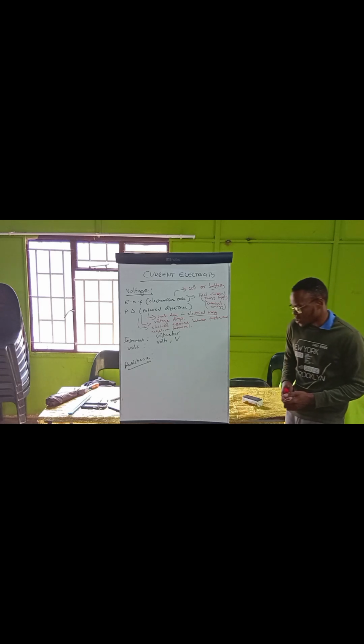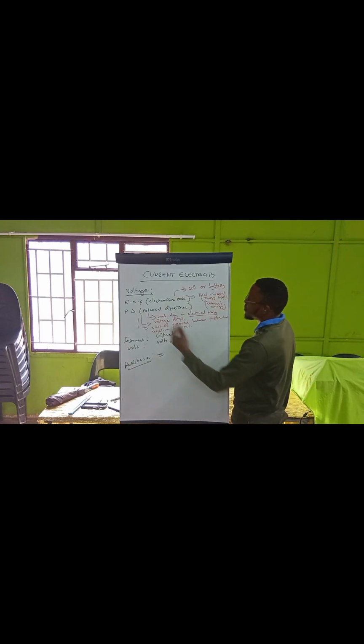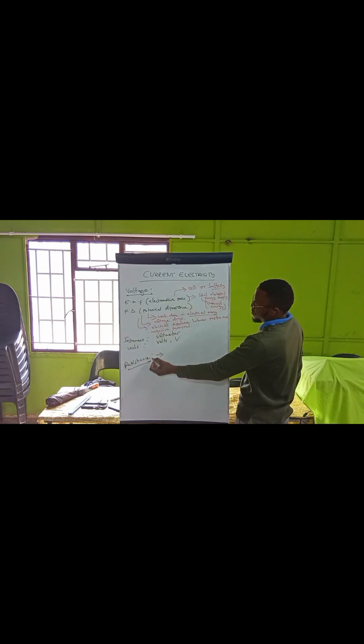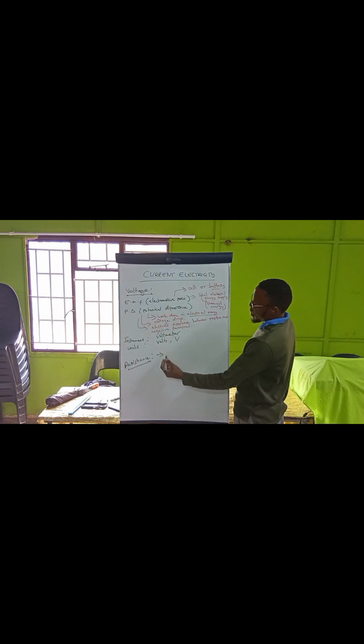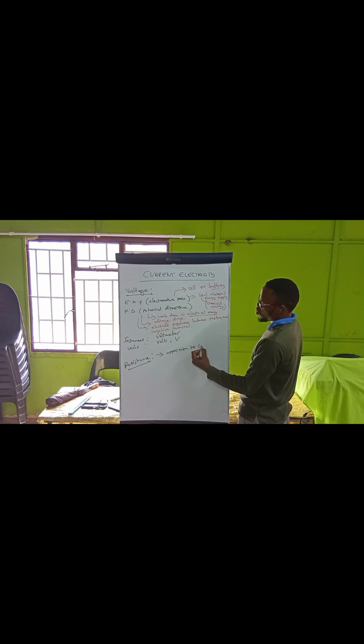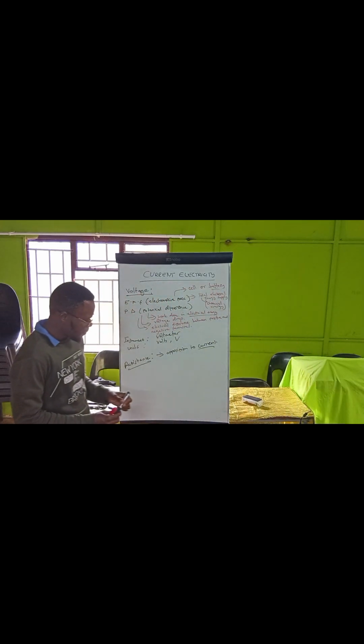In this case, because we're looking at electrical quantities, a resistance would be an opposition to current. This is what opposes the flow of current.